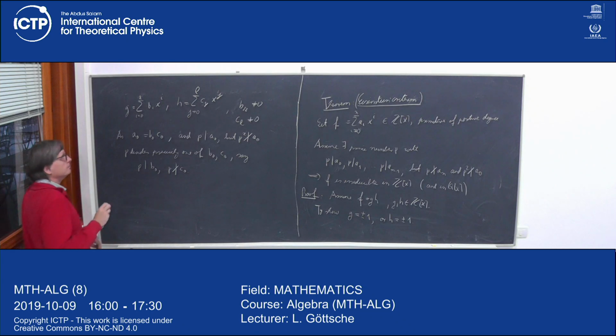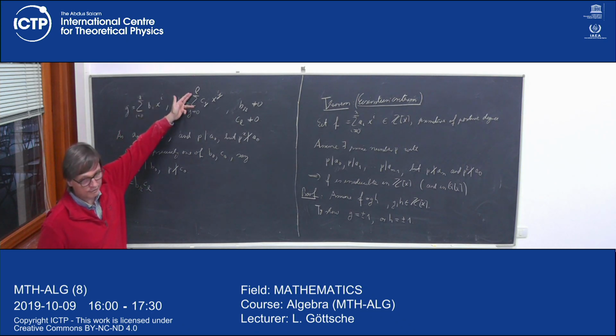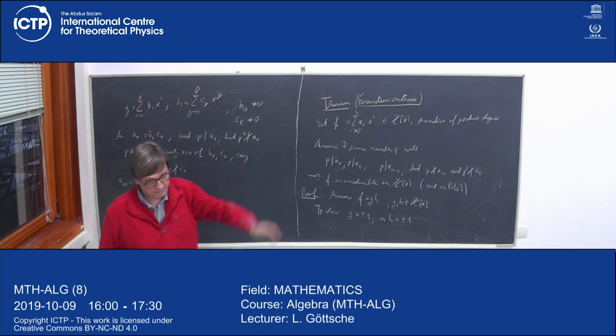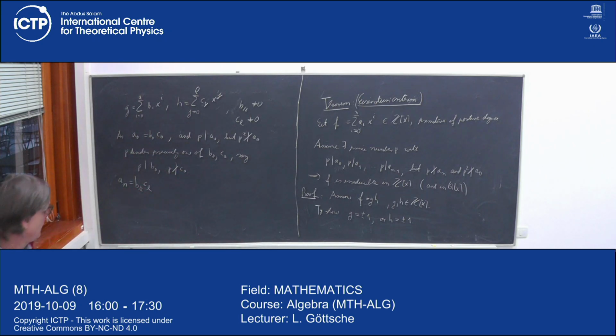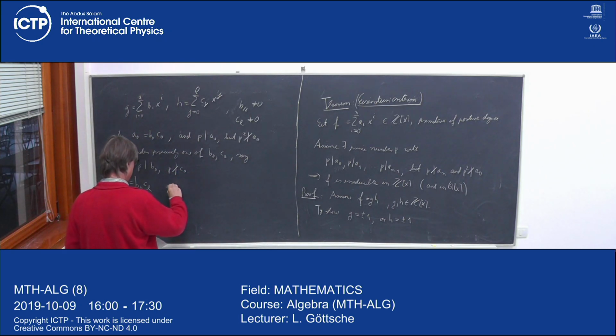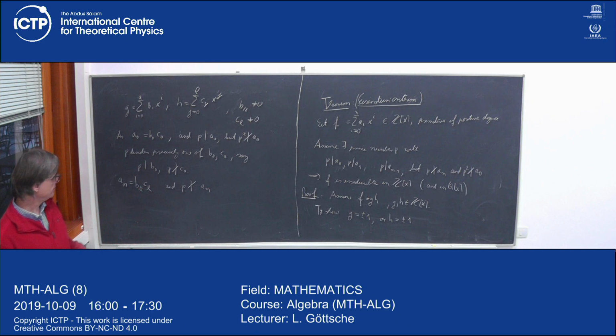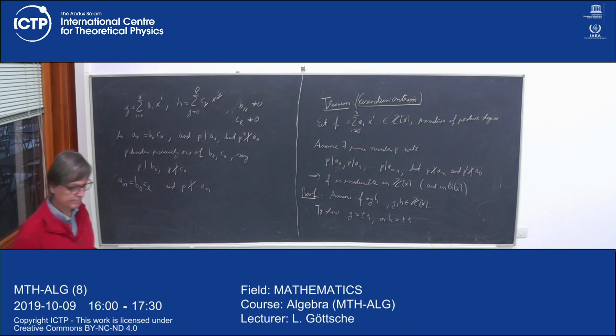We know, if you multiply it out, that a_n is equal to b_k times c_l. The only way we can get the highest order coefficient is by multiplying the highest coefficients. And p does not divide a_n, so it follows that p cannot divide b_k.